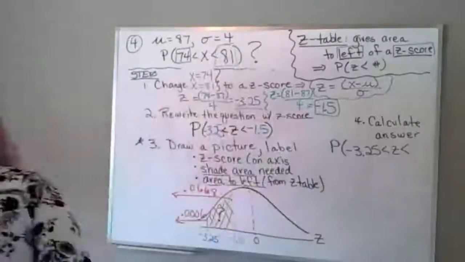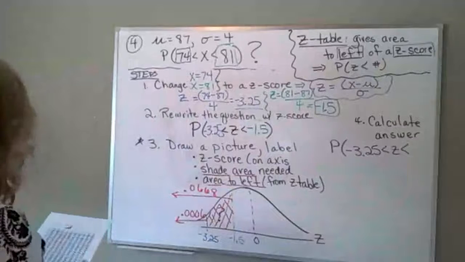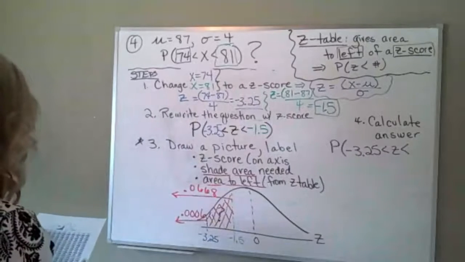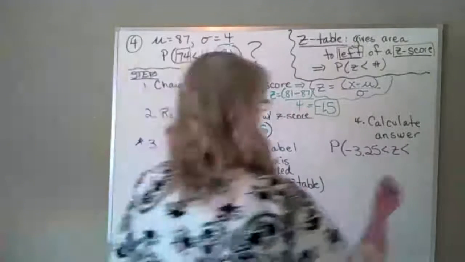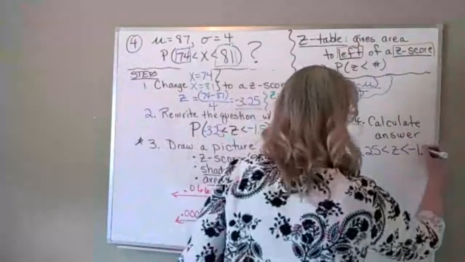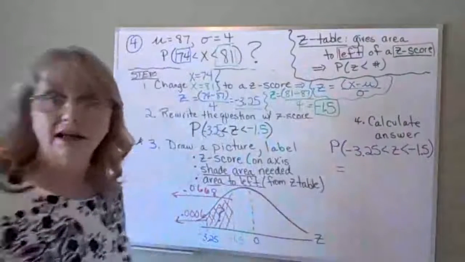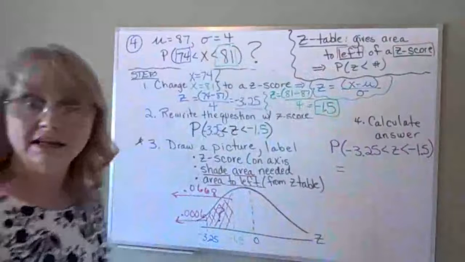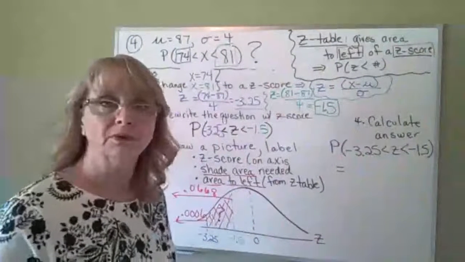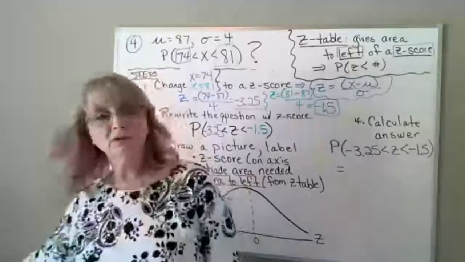Oh, wait a second. Did I look up the right thing? Negative 3.2. Yeah, I did. And negative 1.5. So, Christina, what do you do? So I can't find the z-score to solve the problem for the 1.5. I guess I didn't calculate something right.